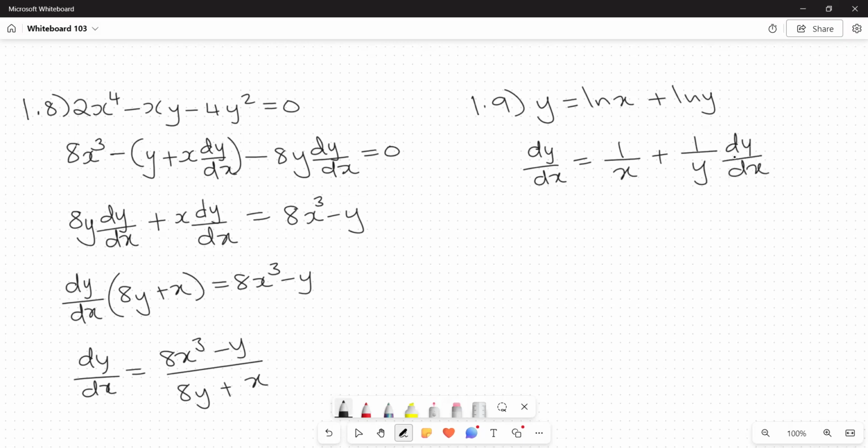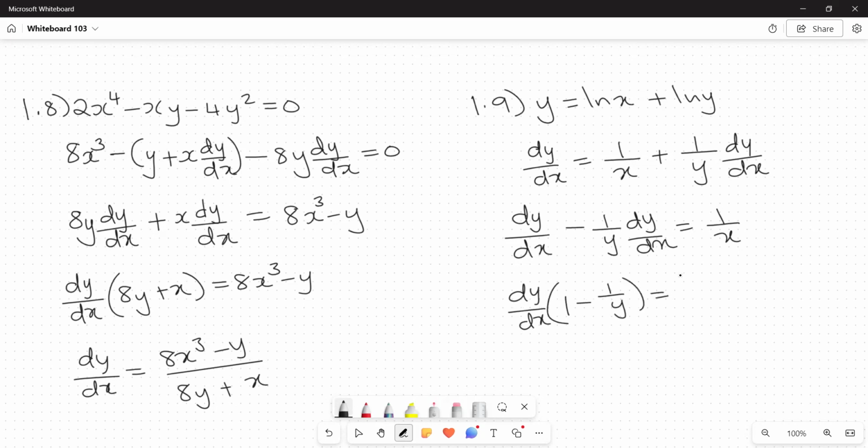So this one has dy/dx, we must bring it over to this side. Okay, and then we factor out dy/dx. Okay, then we make dy/dx the subject.